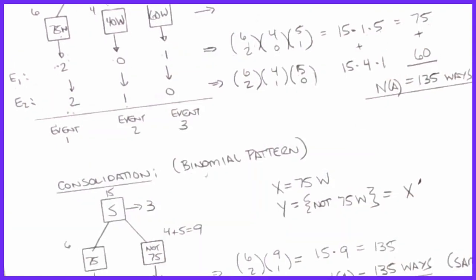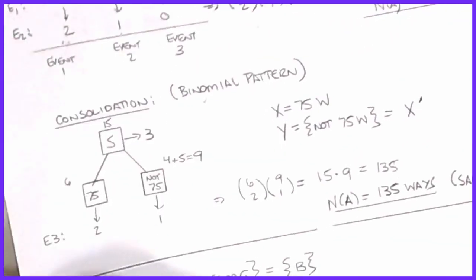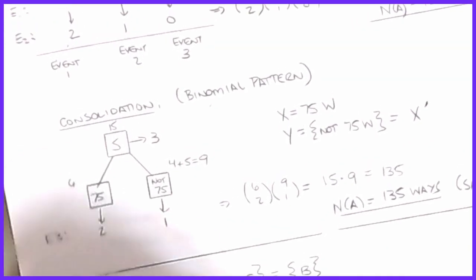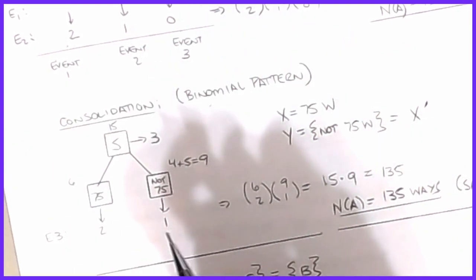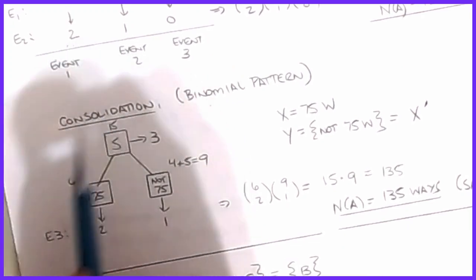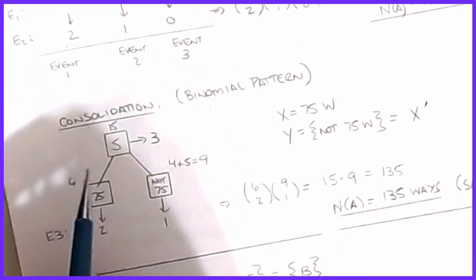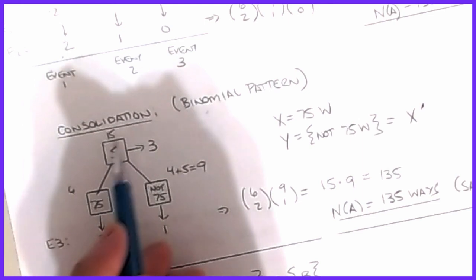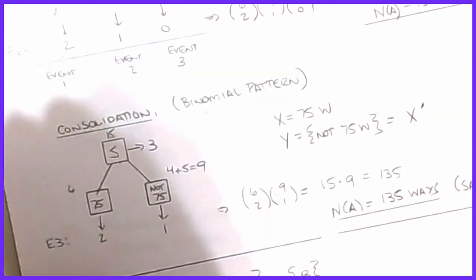But I'm going to show you another way, and this trick is a binomial pattern. It's kind of cool. You remember in the last video I talked about the complement and keeping our eyes on that equation. If I consolidate this, I could rewrite this pool problem in the following way. My sample space is still 3 out of 15, so that number doesn't change.